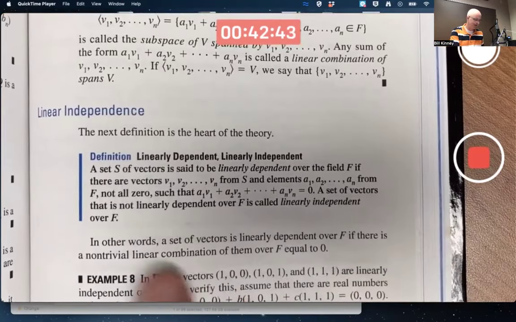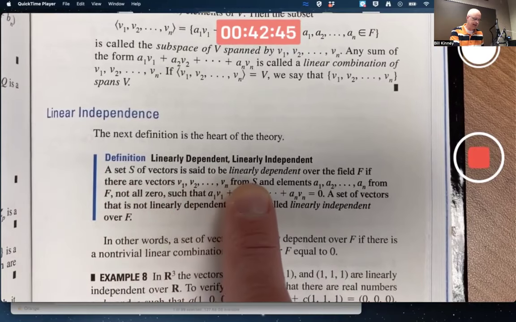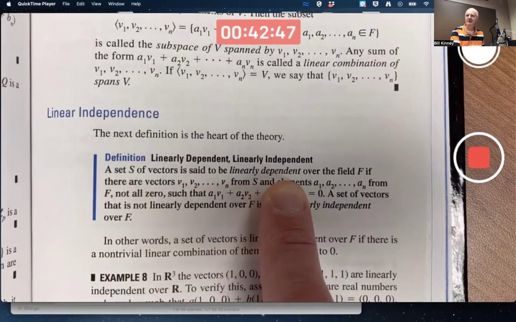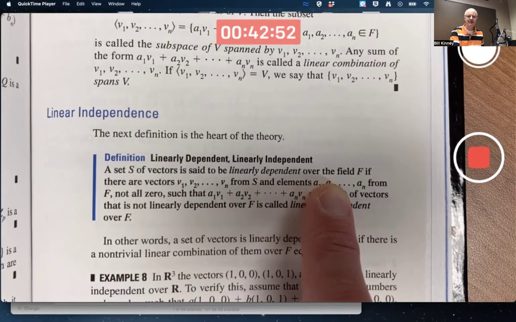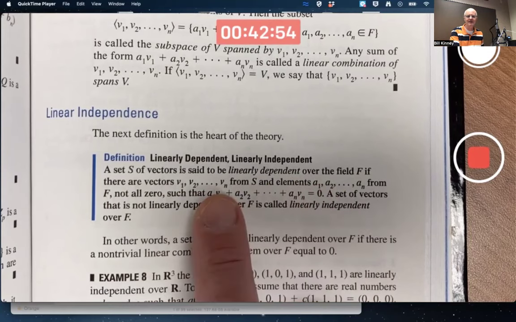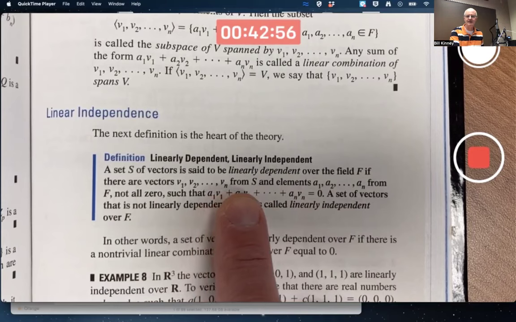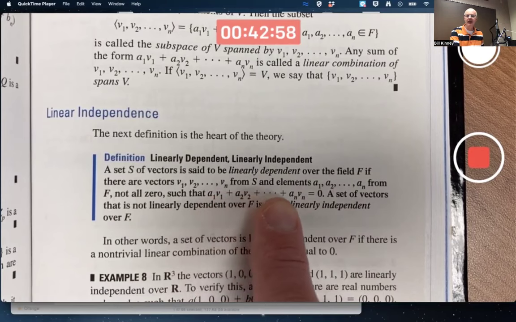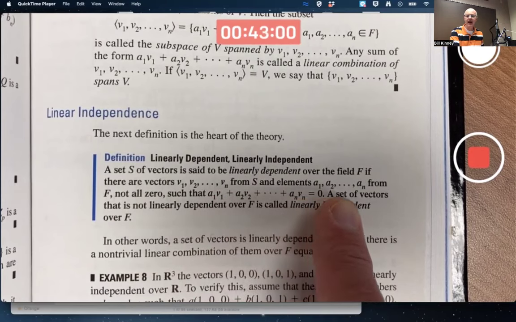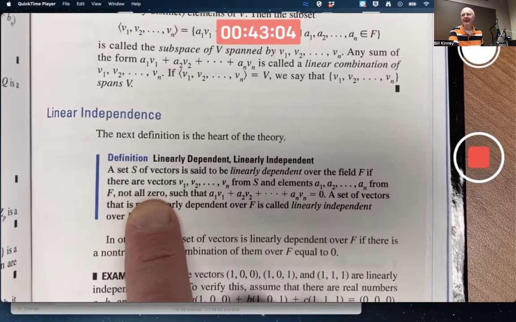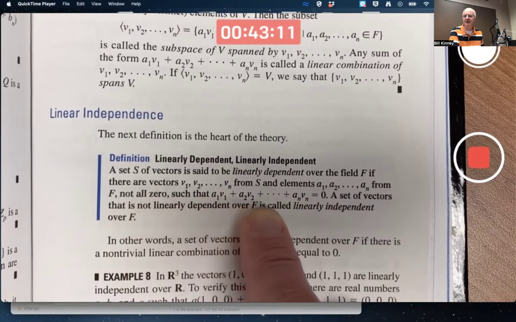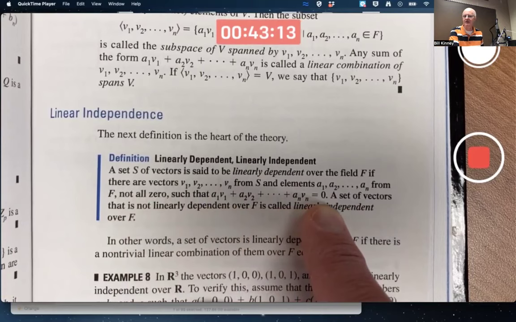This definition. A set S of vectors is said to be linearly dependent over a field if, when you take those vectors from S, some of them at least, there are elements A1 through An from the field, not all 0. That is not a throwaway phrase. Not all 0, such that the linear combination of them gives you the 0 vector.